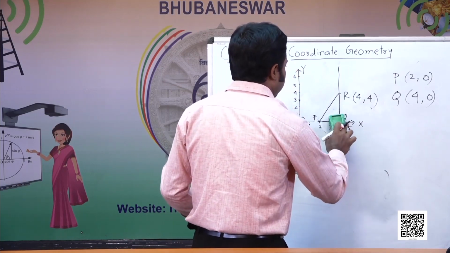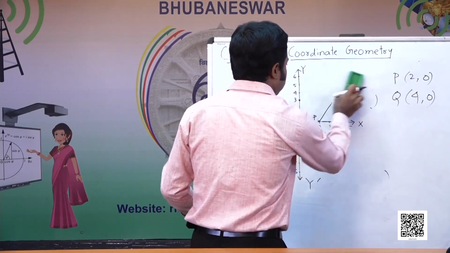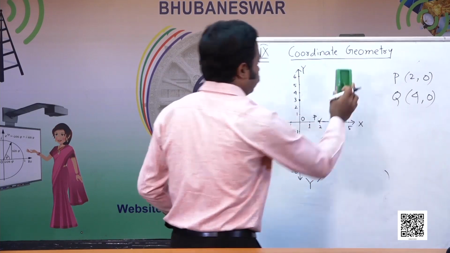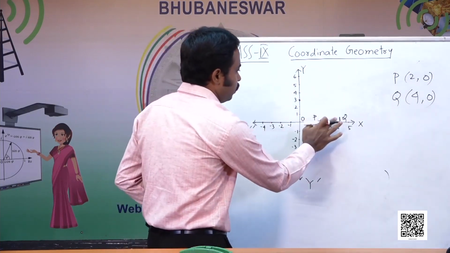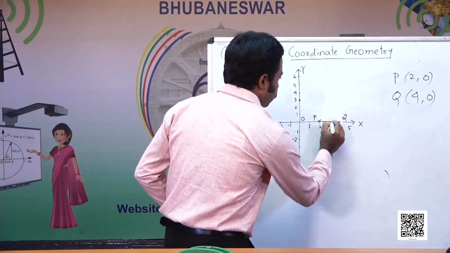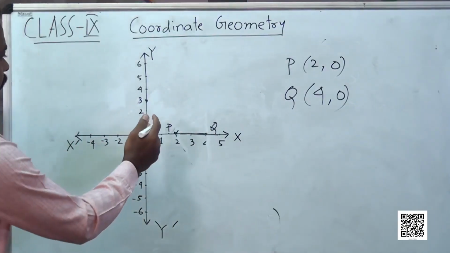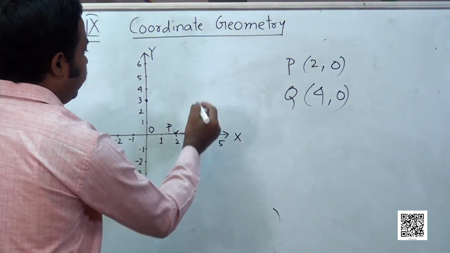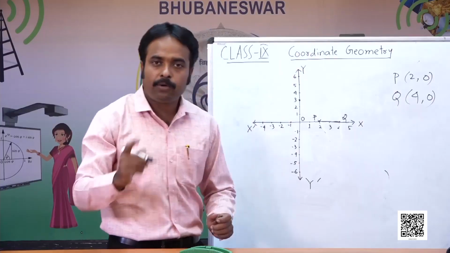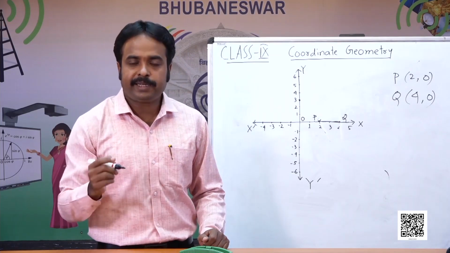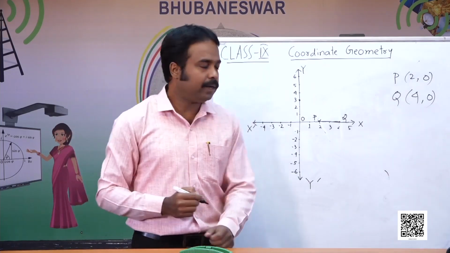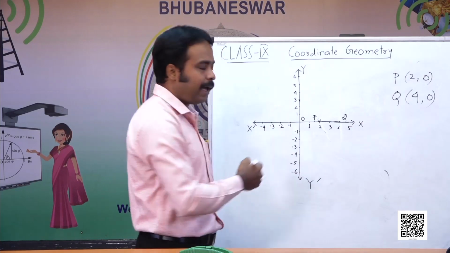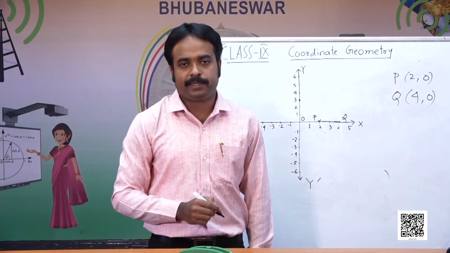If we choose R here, that means earlier we made angle Q as 90 degrees, now we may make angle P as 90 degrees.